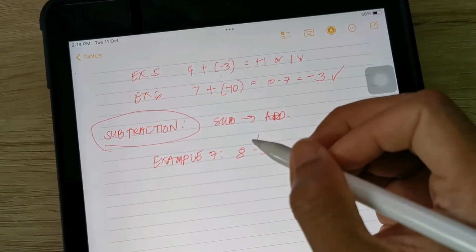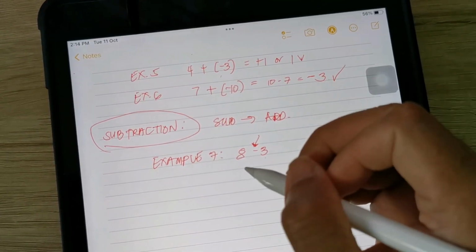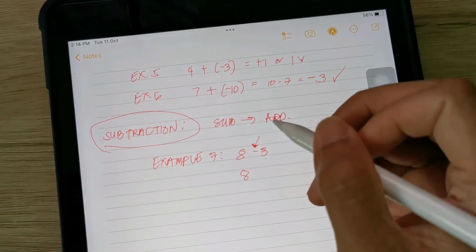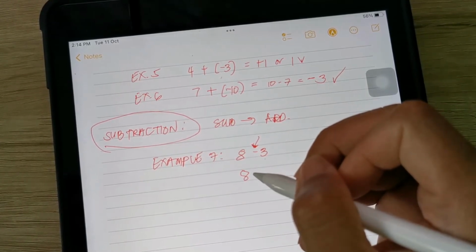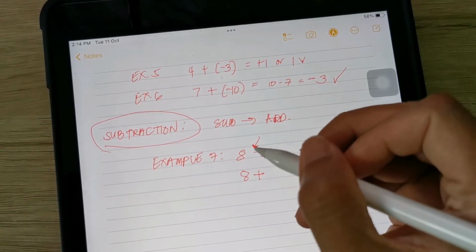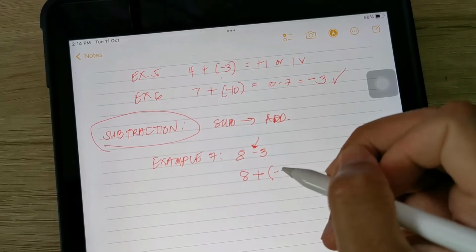So, ito yung subtraction sign natin, di ba? So, ang gagawin natin is 8, go to addition, plus, change the sign of the number after this subtraction sign. So, from positive 3, magiging negative 3 siya.